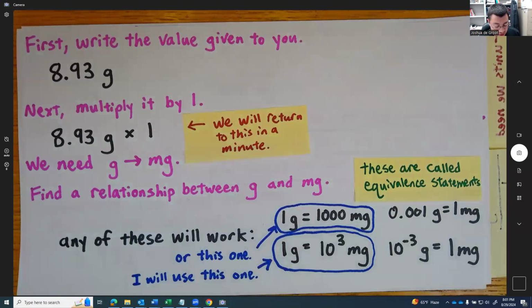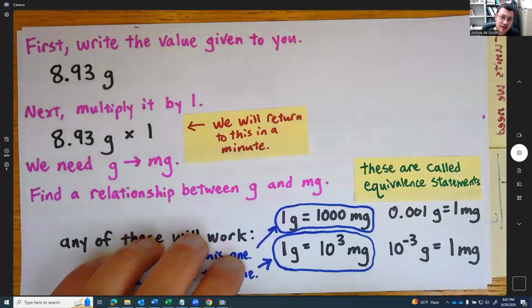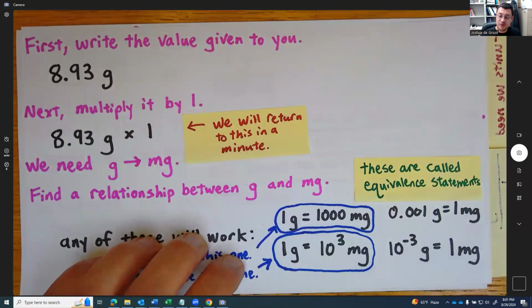The first step with any problem is to write out the piece of information they gave you. This is especially a good idea when you're just looking at the problem and you're like, where do I start? Start by just writing out the value that they gave you. I know for me, when I do that, that will calm my anxiousness about what to do.